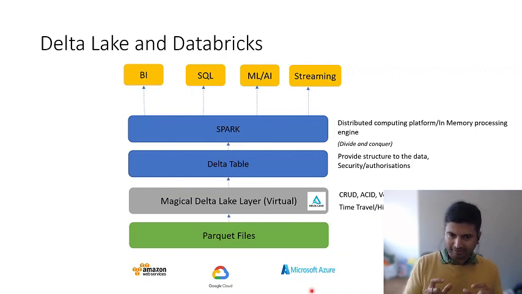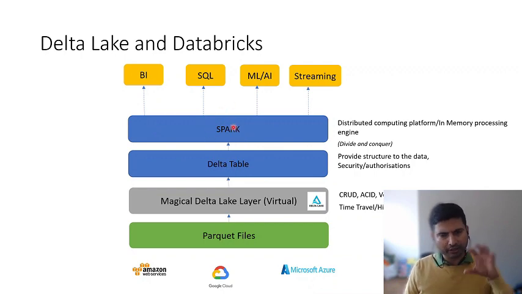Now, as you can see, it's a huge number of files, and the system has to process it. And to process it in the most accelerated manner, what they did is they deployed something called Spark architecture. So what Spark basically does, it's a distributed computing platform or in-memory engine, which simply works on the divide and conquer rule.